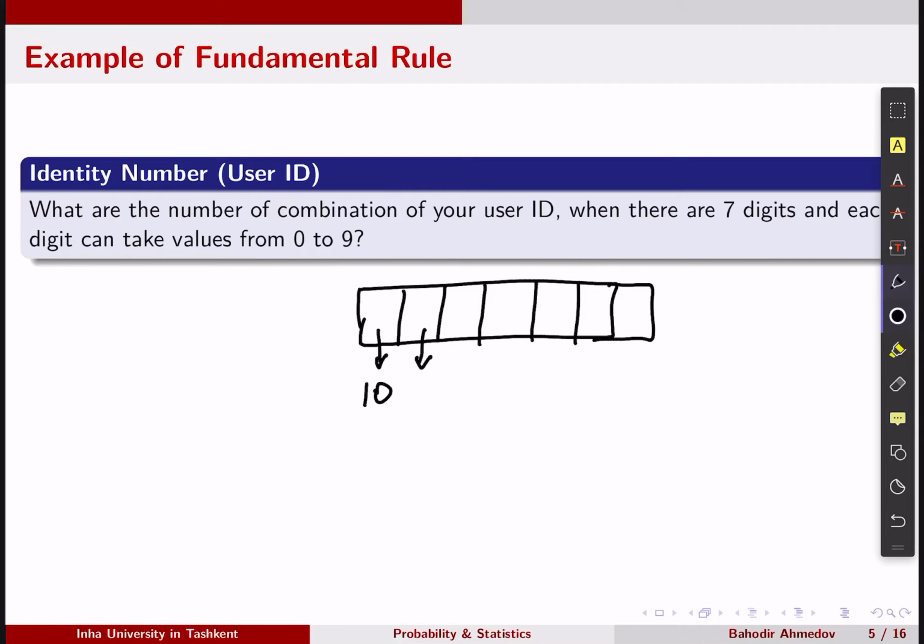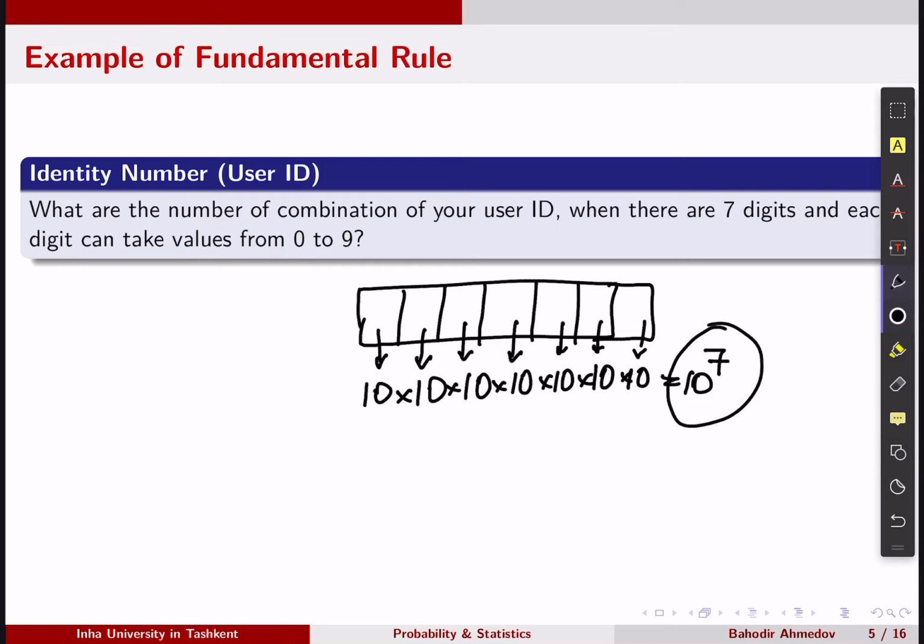So 10 here, 10 here, 10 here, 10, 10, 10, 10. If I would like to know how many 7-digit IDs can be generated, I just need to multiply the number of cases for every box. It's going to be 10 to the power of 7. So this is how many ID numbers we can generate.